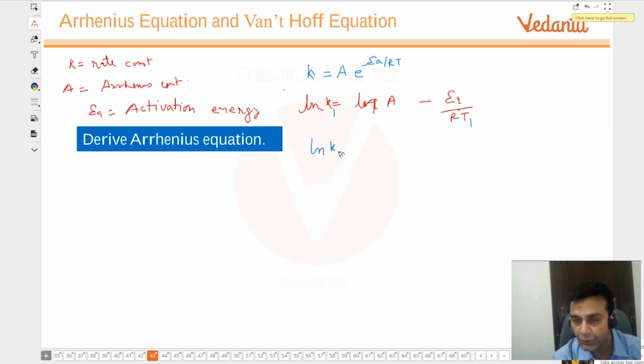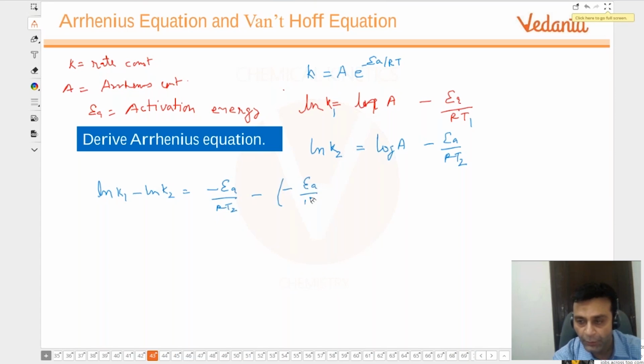At temperature T2, natural log of K2 is equal to natural log of A minus EA upon RT2. Subtracting the second equation from the first, we get natural log of K1 minus natural log of K2 is equal to minus EA upon R, T2 minus T1.